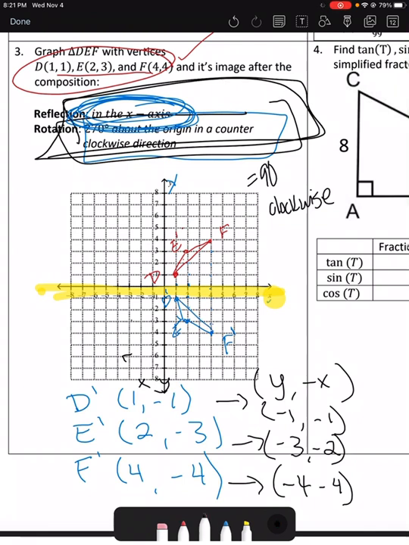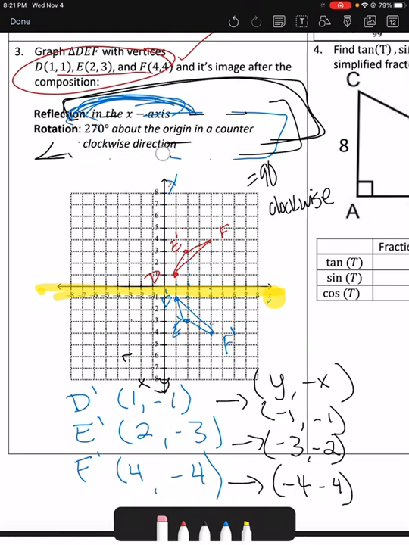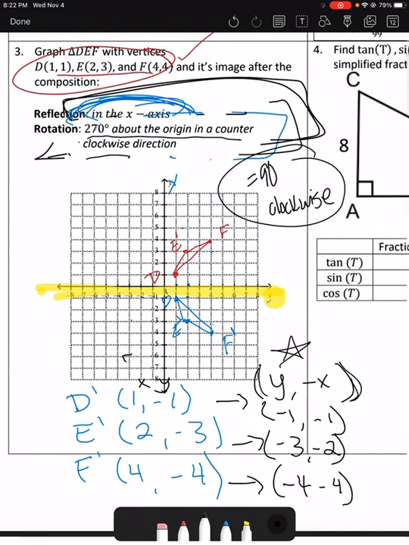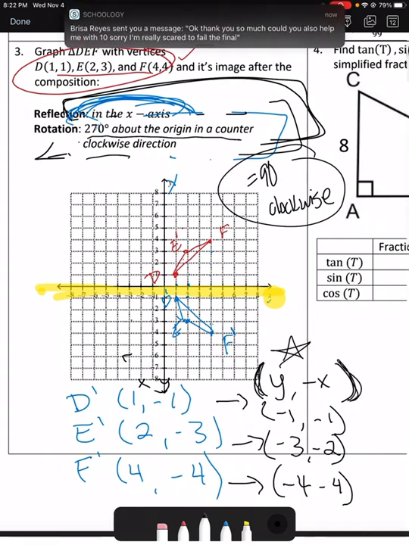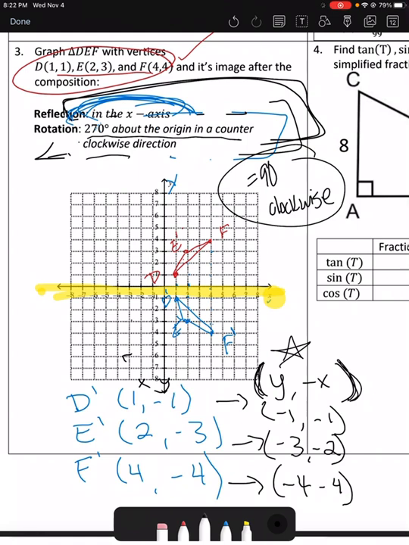Then my last step, which I already have done the work, but all you're going to do is look at the rotation rule. So you'll see it's 270 clockwise, or in a counterclockwise, which is the same thing as 90 clockwise. So then I'd look on my green sheet to find this rule, (y, negative x). And then I'm going to take these and write y first, negative 1, then negative x, negative 1.